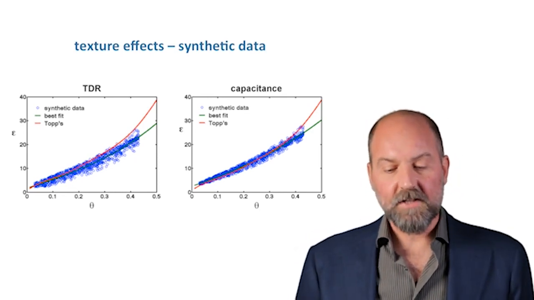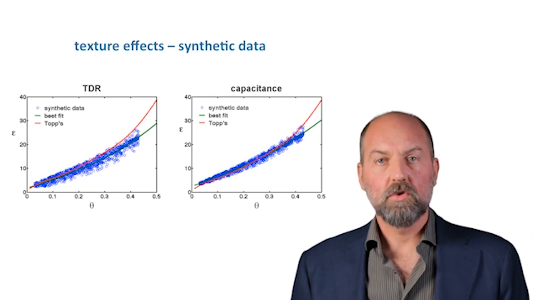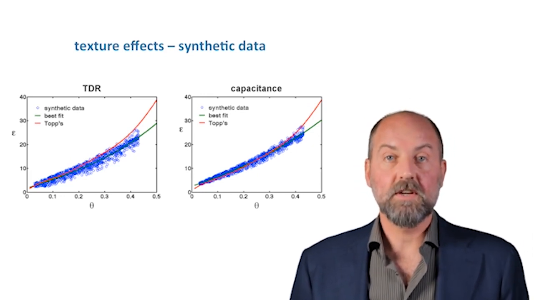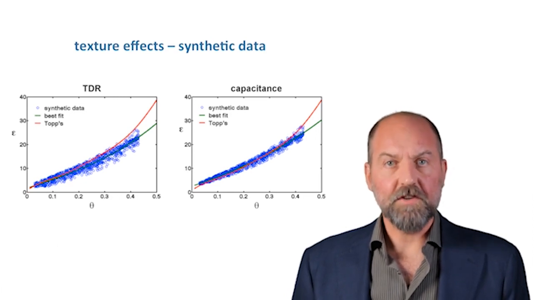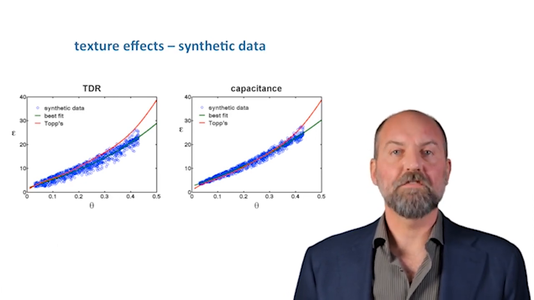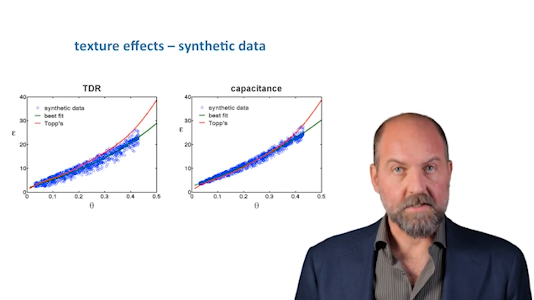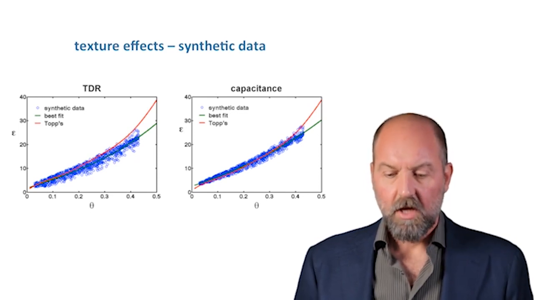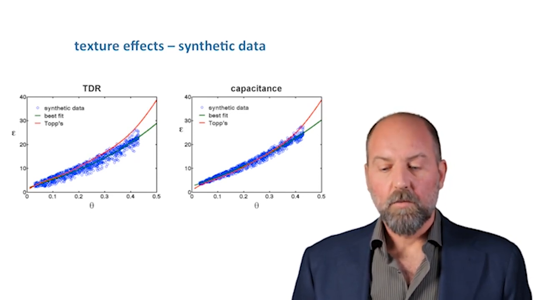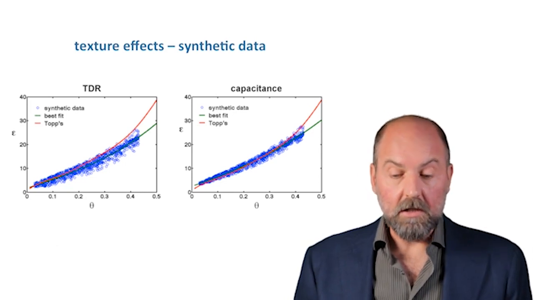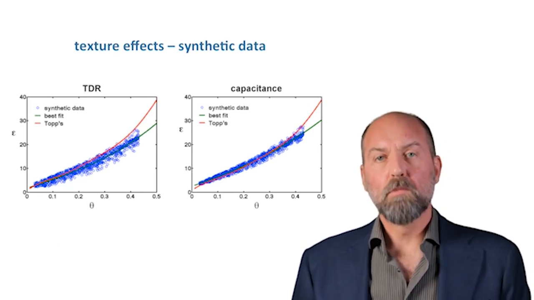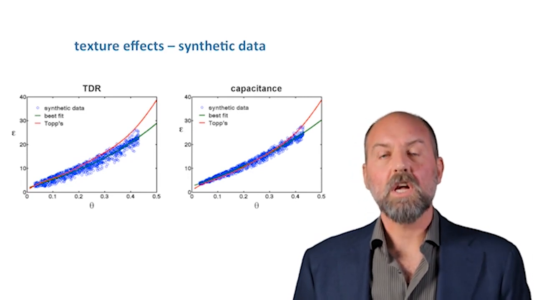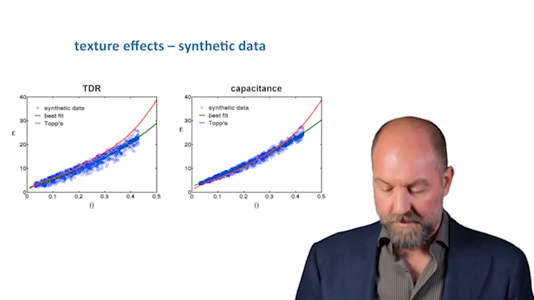And so the fact that we were able to reproduce these results from first principles gives some confidence to our modeling efforts and to the analysis that we are proposing here. Again, we may conclude that TDR suffers more than capacitance sensors when it comes to texture variability.